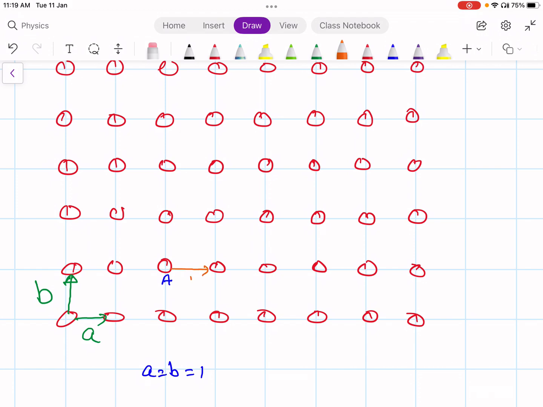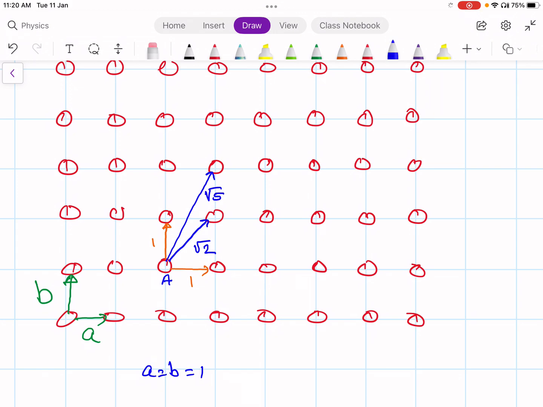I find another lattice point at distance 1. Then from that point I move towards the north direction and find another lattice point at distance 1. Then I move towards the northeast direction and find another lattice point at distance root 2. Then I move towards north-northeast and find another lattice point at distance root 5.